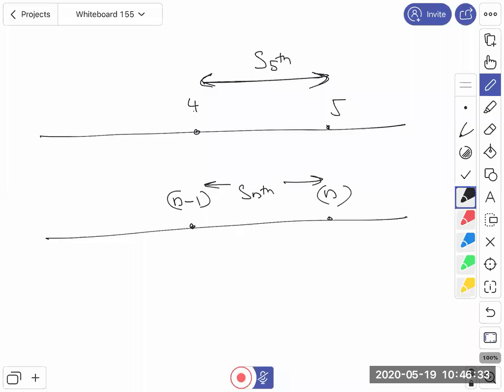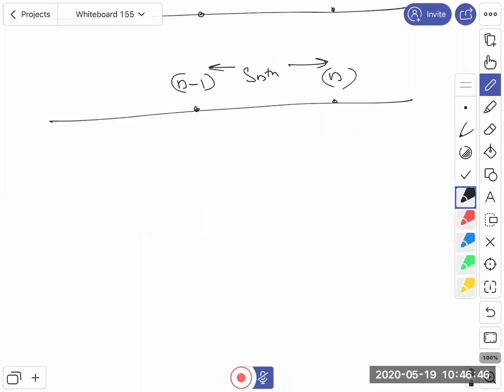Sorry, 11th second. Understood? 0 to 1 is first, 1 to 2 second, 2 to 3 third, 3 to 4 fourth. Understood? Yes, sir. So nth means n minus 1 to n.